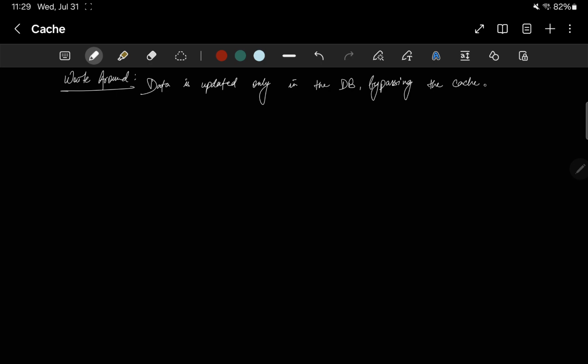So it invalidates the cache for updated data. So write operations skip the cache entirely and update the data directly in the database. Cache entries for the updated data are marked as invalid. So the entire cache entry is not invalid. Only the thing which got updated is now stale in cache and that gets invalidated. Rest all remains the same.